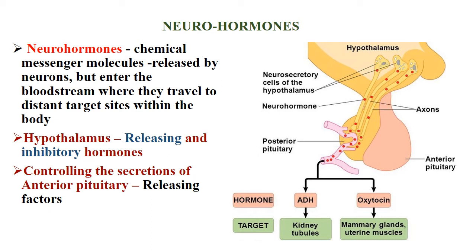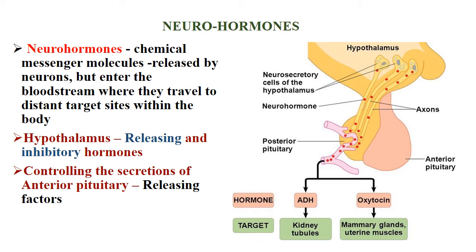The releasing hormones control the secretion of the anterior pituitary, hence they are called releasing factors. And two hormones which are secreted by the hypothalamus are ADH, antidiuretic hormone or vasopressin, and oxytocin.